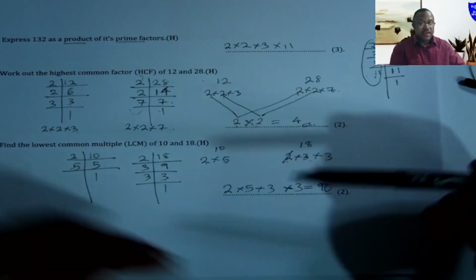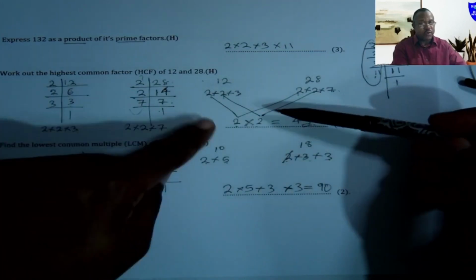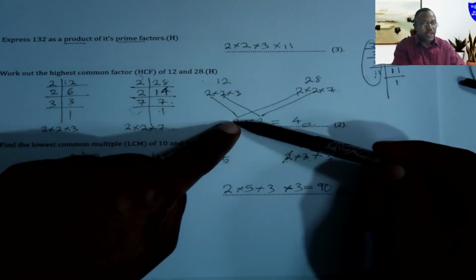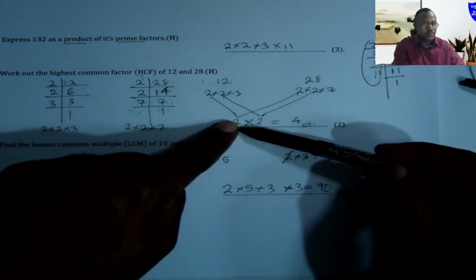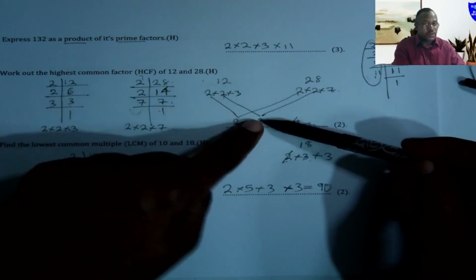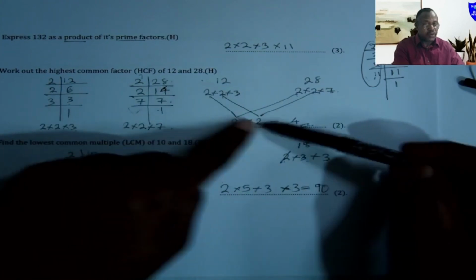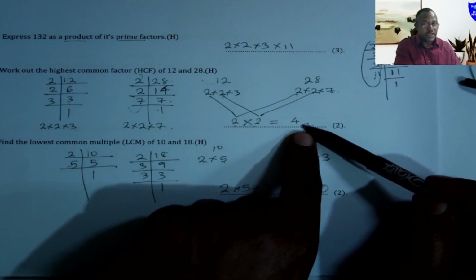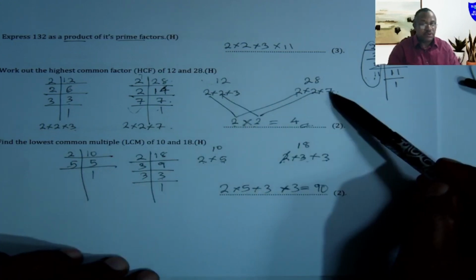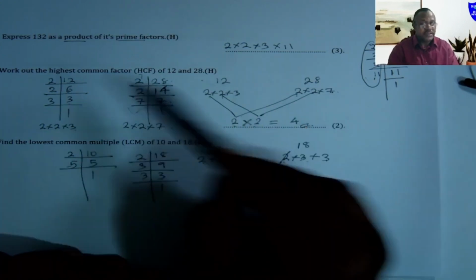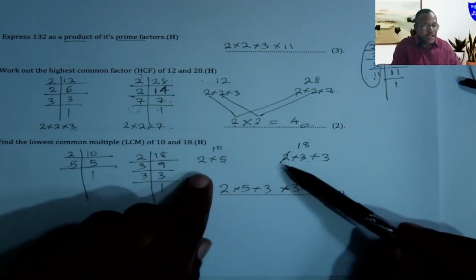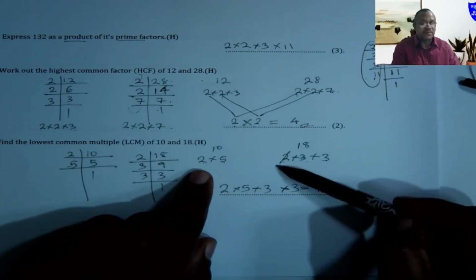Yeah, when we're finding the highest common factor, we're simply looking at those that are common. Right, 2 here is common, 2 is here common, then we multiply the common factors to get the highest common factor. Those that are not common, we left them out. That is in case of HCF. But for LCM, those that are common, we cancelled 1.